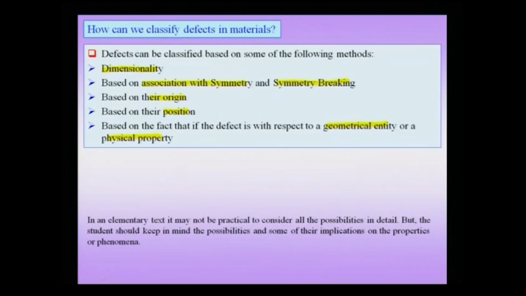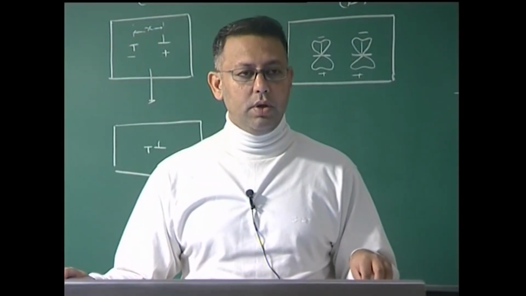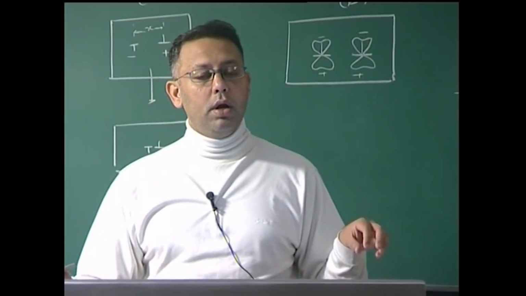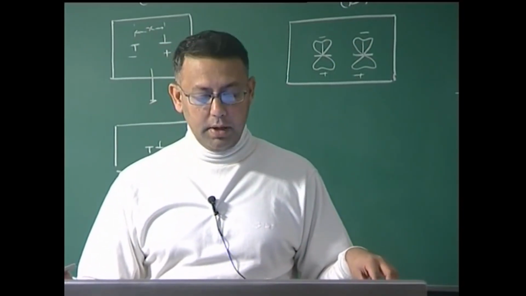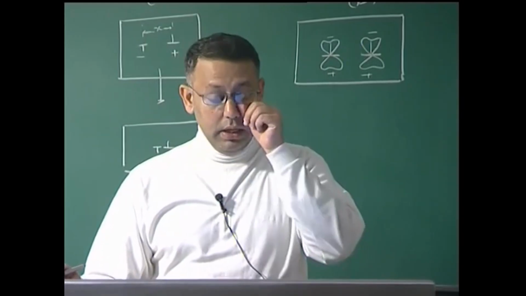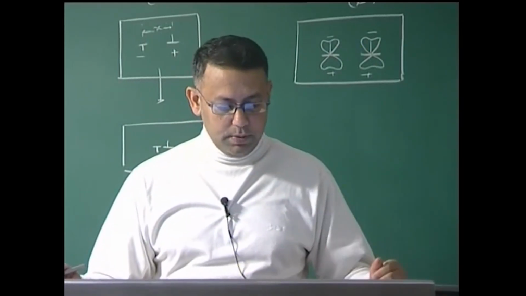We had seen in the definition of a crystal that the very definition of a crystal hinges on my consideration of merely a geometrical entity like an atom or a molecule or a cluster of atoms, etc., or on a physical property. And we had also seen that a combination of both is also possible.